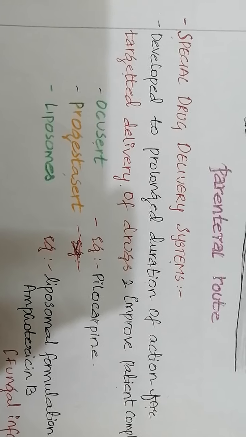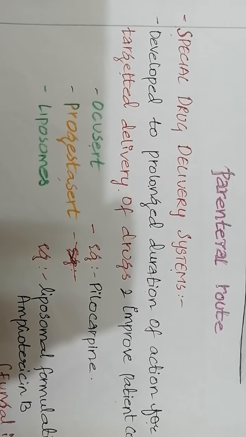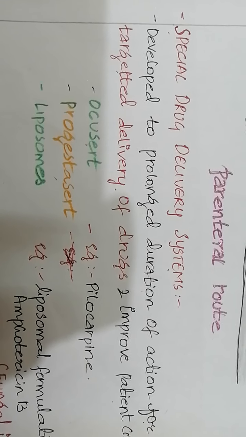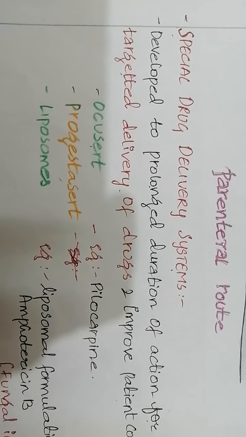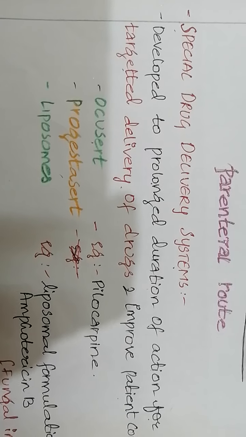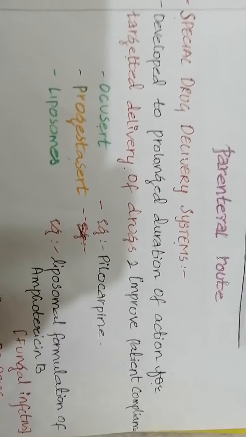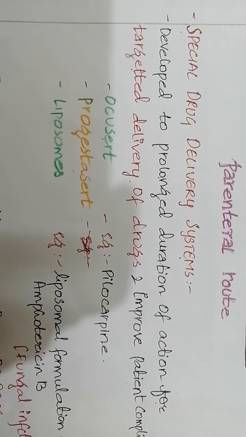Special drug delivery systems. What is a special drug delivery system? This system has been developed to prolong the duration of action, for targeted delivery of drugs, and to improve the patient's compliance.